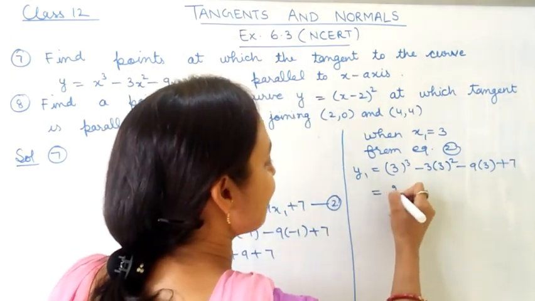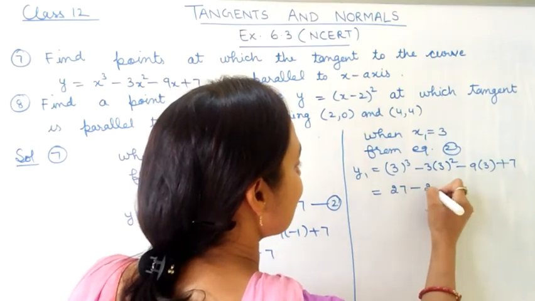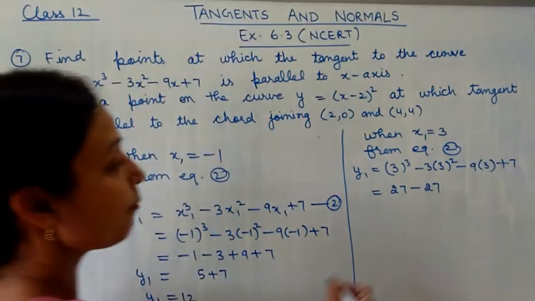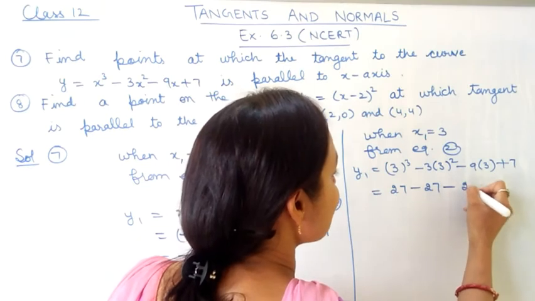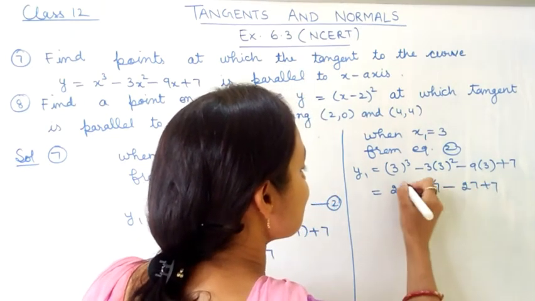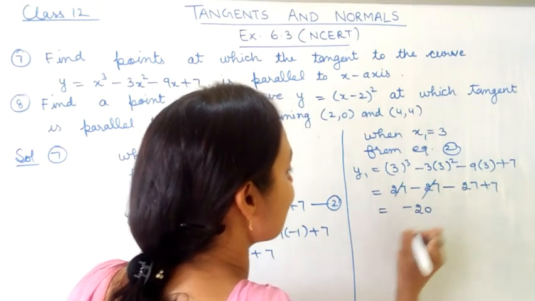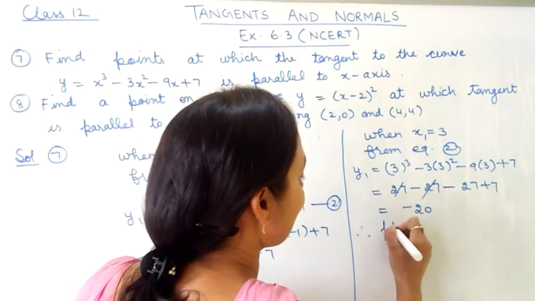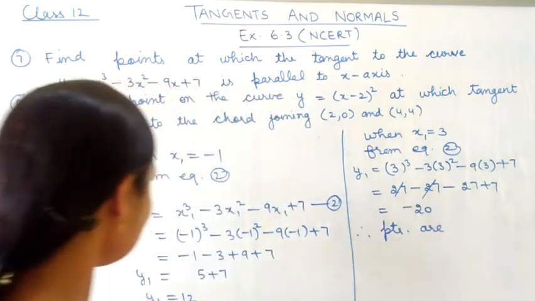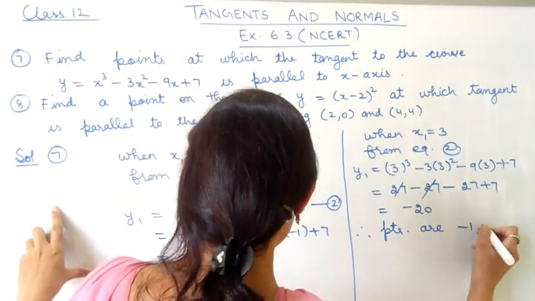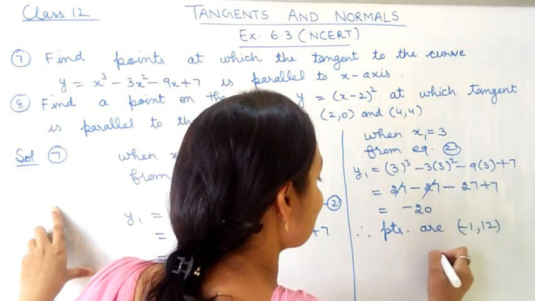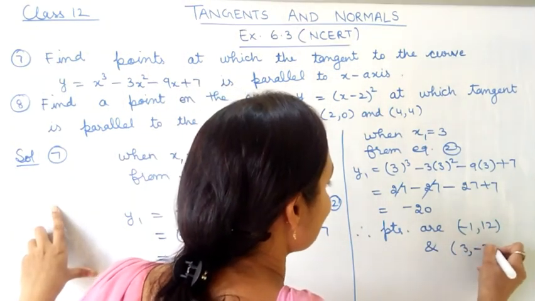Now 3 3s are 9, 9 3s are 27, minus 9 3s are 27 again, plus 7. This and this will cancel, this is −20. Therefore the points are first (−1, 12) and second (3, −20).